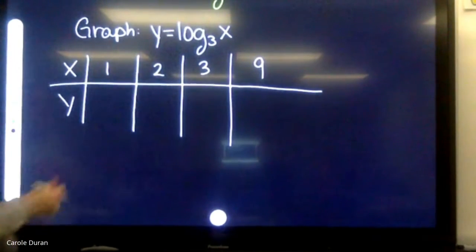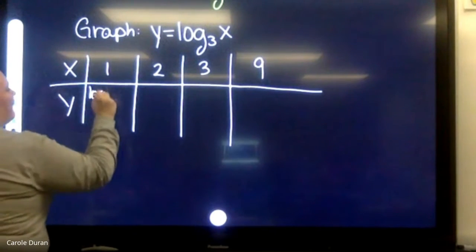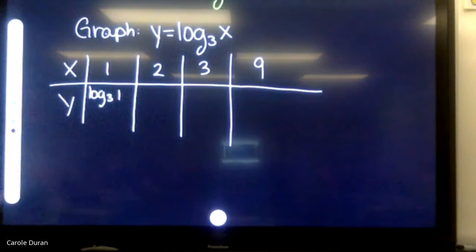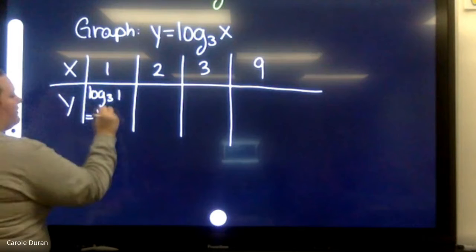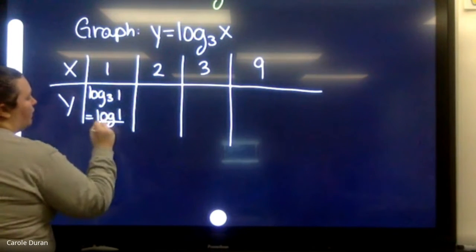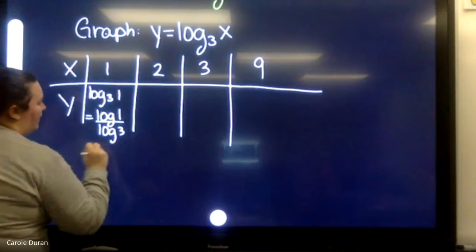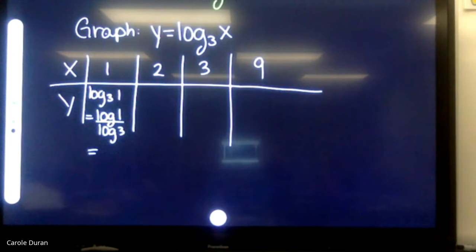So when I plug 1 in, this is the same as log base 3 of 1. This is not something I can plug into my calculator the way it is. So I have to do my change of base formula. Now this is the same as log of 1 over log of 3. And when I plug that into my calculator, I'm going to get a decimal.